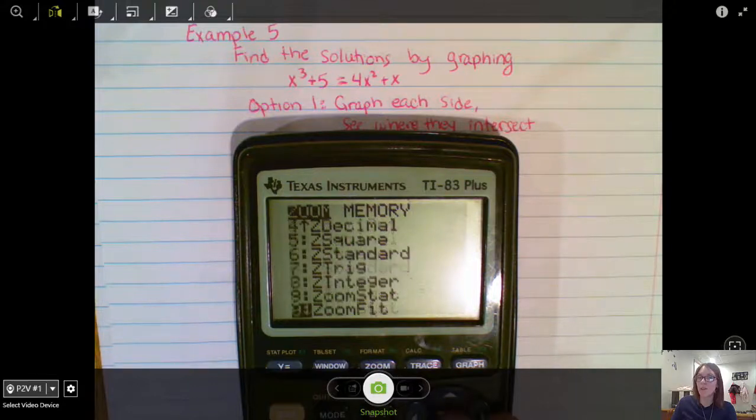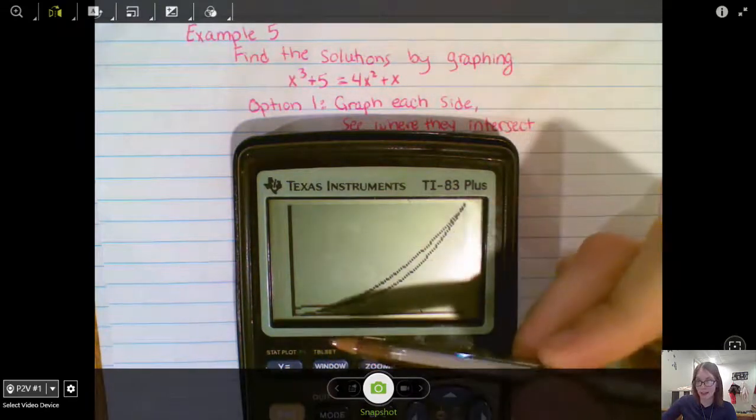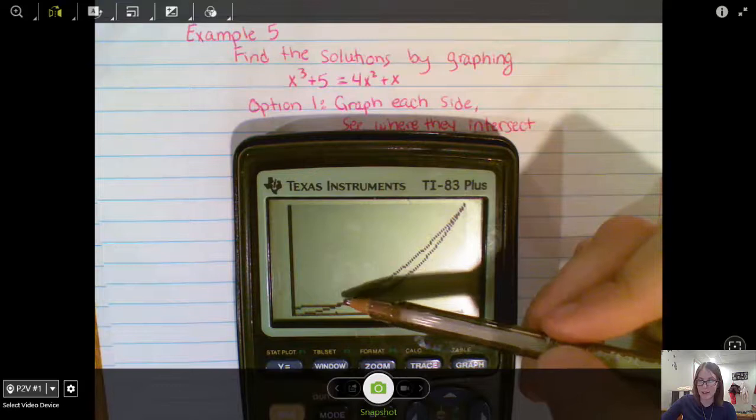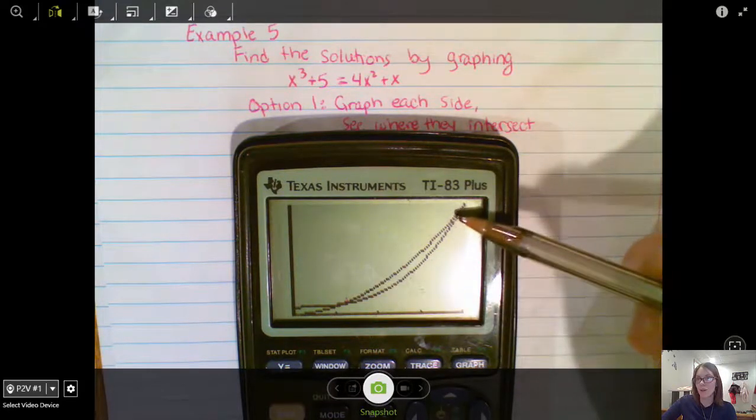Remember that for zoom fit to work, we have to have the x values chosen, because your calculator will figure out what's the highest y value and what's the lowest y value on that interval. See, when we do that, you see that was our intersection point we found at 1.16, but we really have another one way up here.